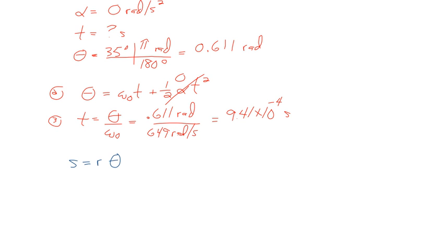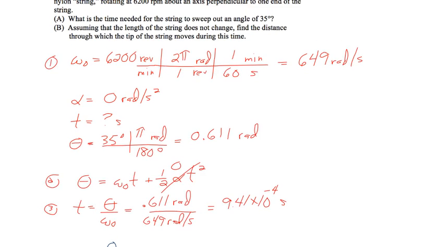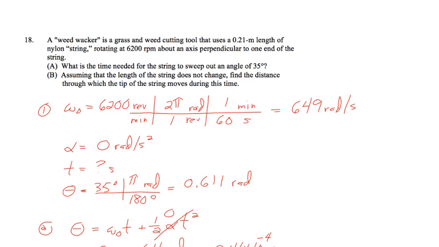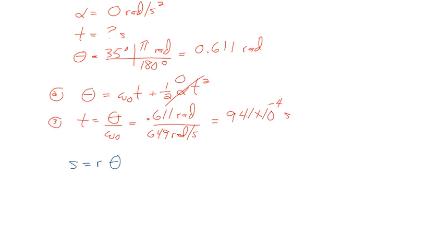I'm looking for the s, I have the theta and I have the R. That's why they gave me that second part, where it says find the distance through which the tip of the string moves. Well, that's how long the string is, so that is my R. 0.21 meters is the R, and I already conveniently solved for my angular displacement in radians.